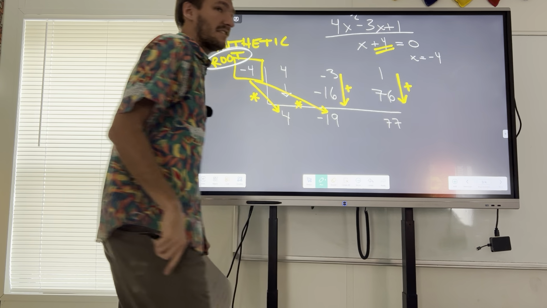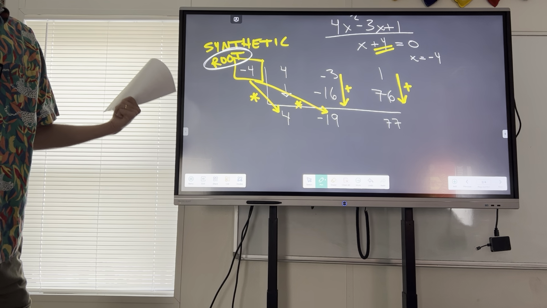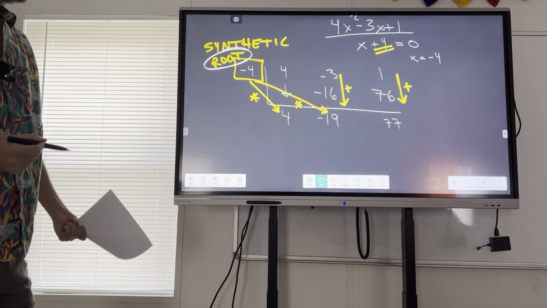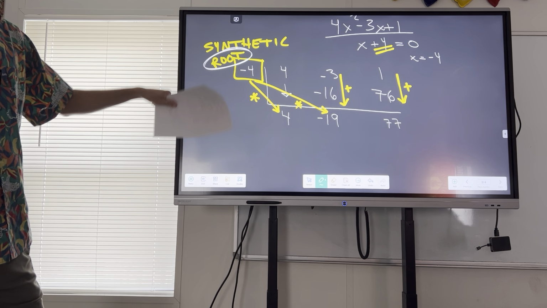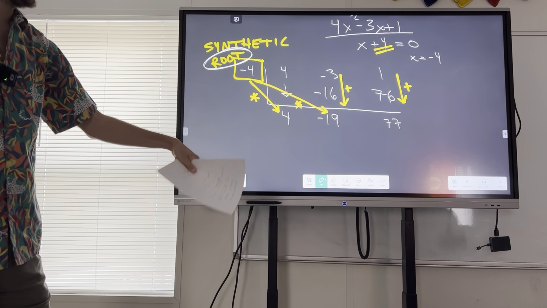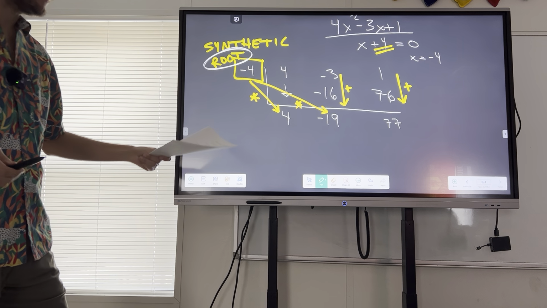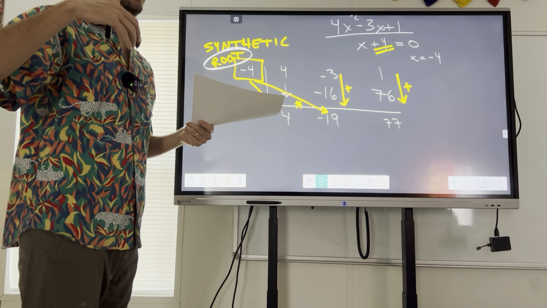That is synthetic division, and it works quite nicely, it's really easy, and you don't have to deal with any x's. It is a pattern: bring it down, multiply diagonally, add vertically. Multiply diagonally, add vertically. Anytime you divide, your powers should be getting smaller.